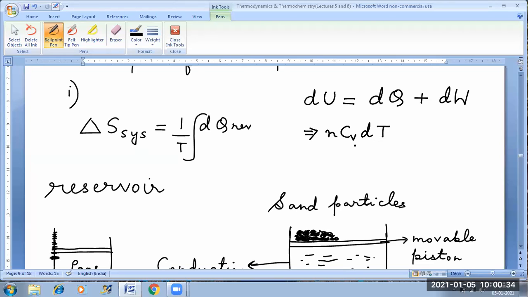Ideal gas is being considered in this chapter. If nothing is mentioned, we will focus on ideal gas. dw is nothing but minus PdV. So dU equals dq plus minus PdV.